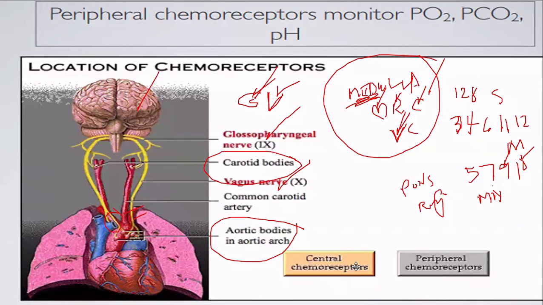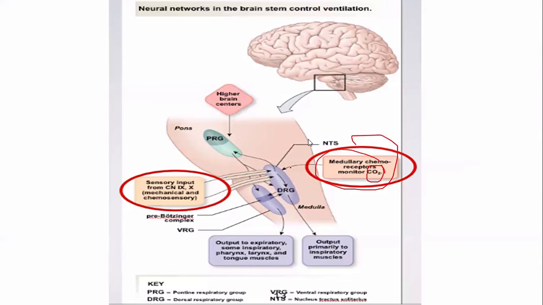So for example, if they sense that the carbon dioxide here is low because you have been removing too much of it, there will be a corresponding response through the motor component of the same nerves. That's an example only.